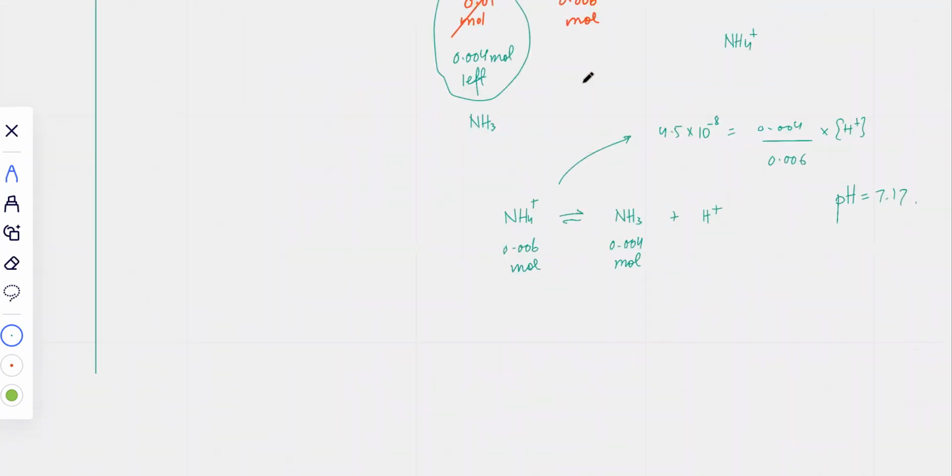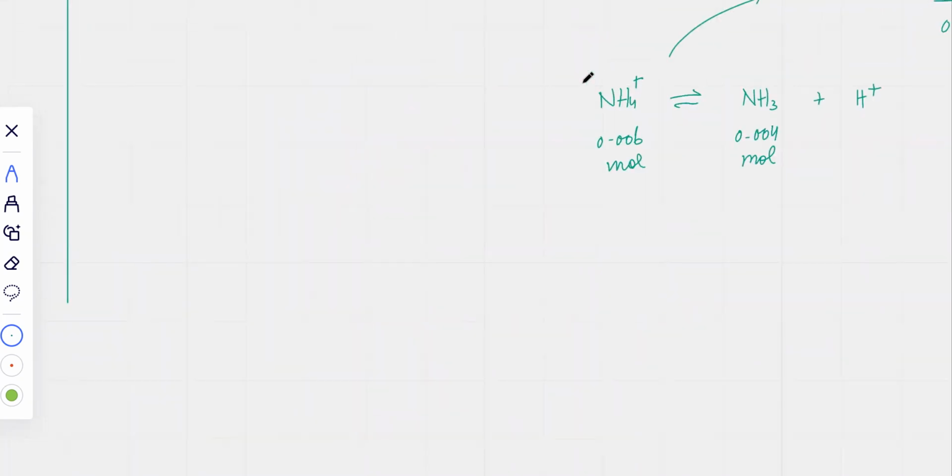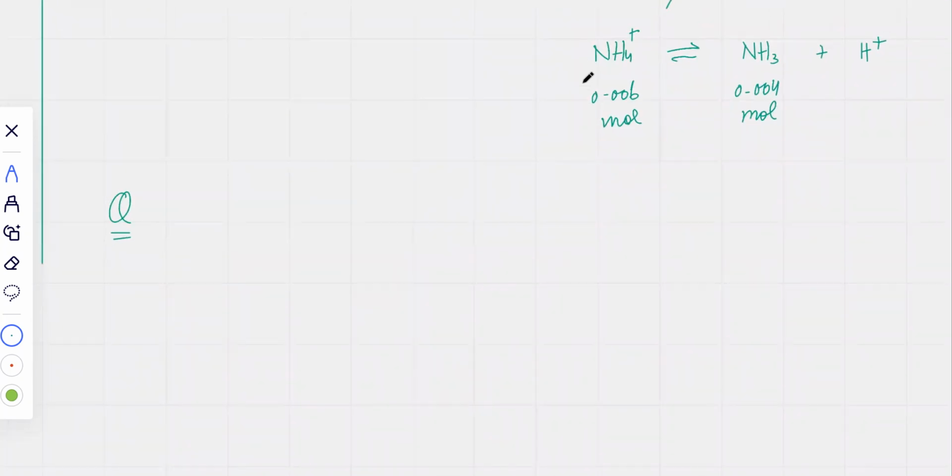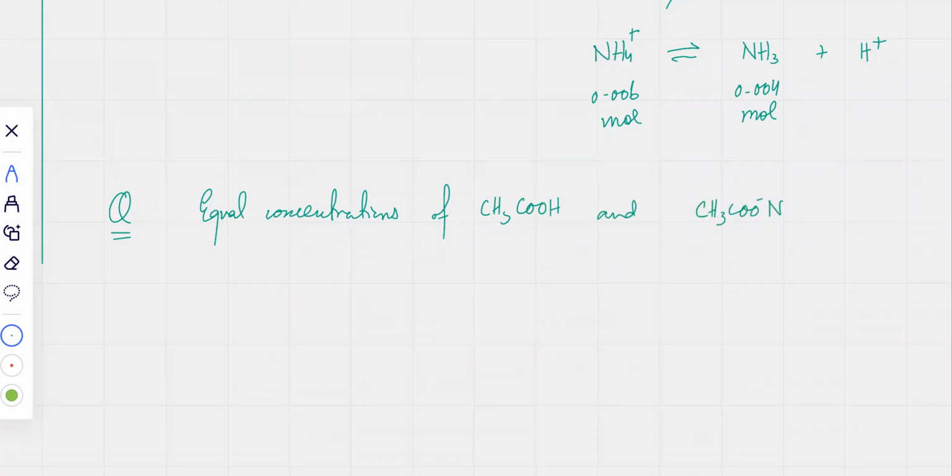Now, another thing: you should know one property of these types of questions about K. Sometimes they might say that equal concentrations of ethanoic acid and sodium ethanoate are mixed together.